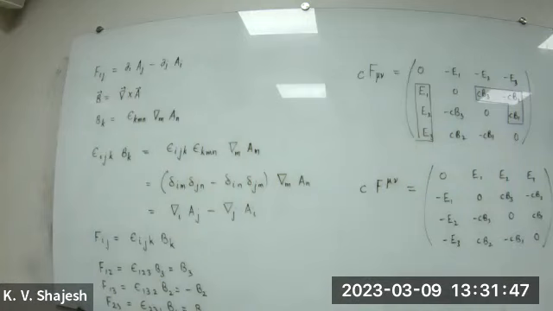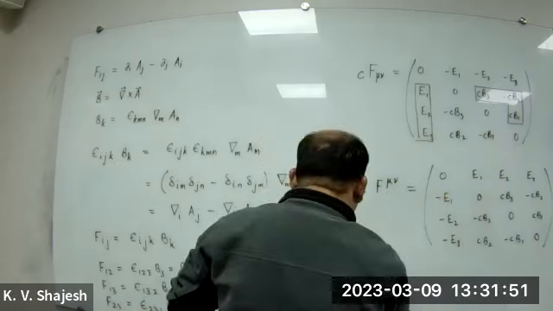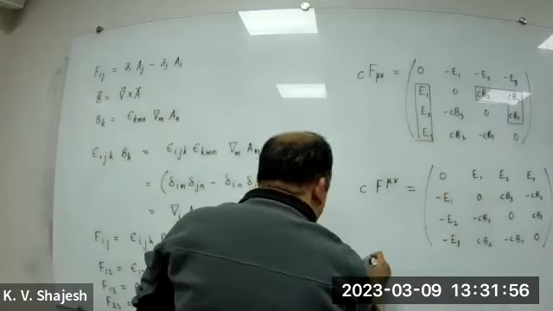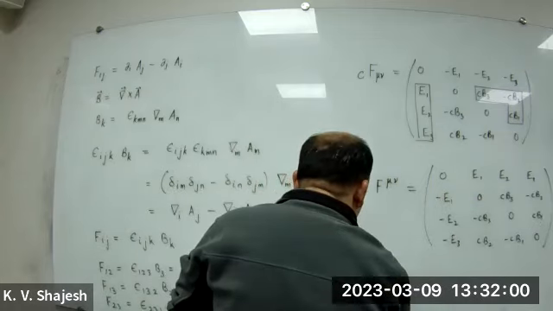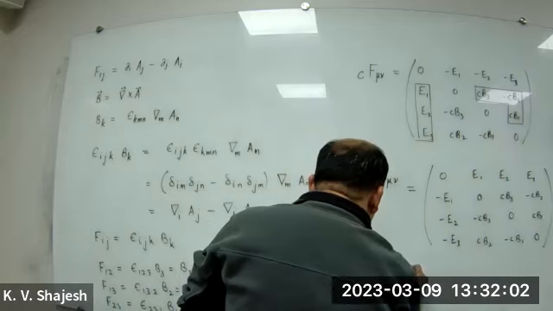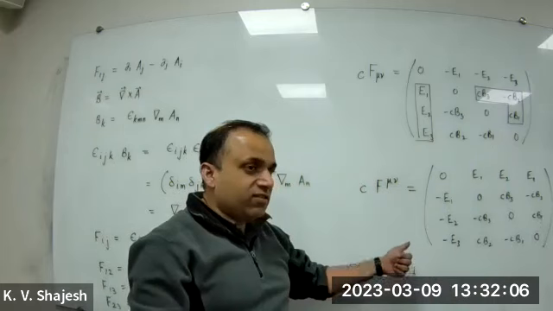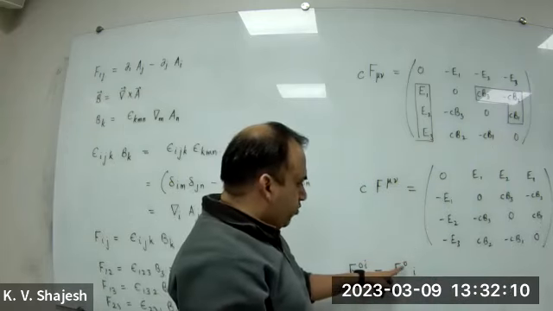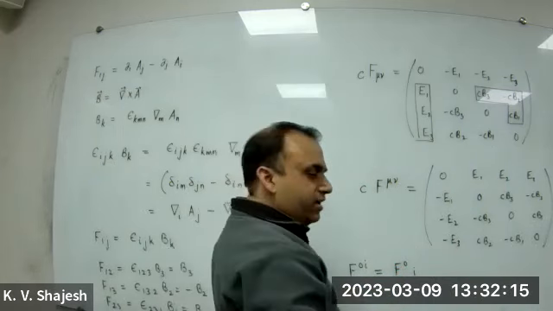Now, this one is F0I, right? The top one. F0I is the same as F0I with the space index moved. I can move the space pieces up and down, nothing happens. But if I move the zero down, I pay a price, I change the sign.